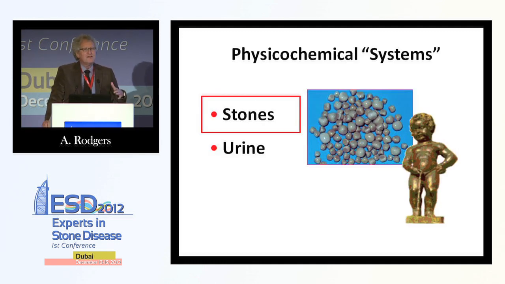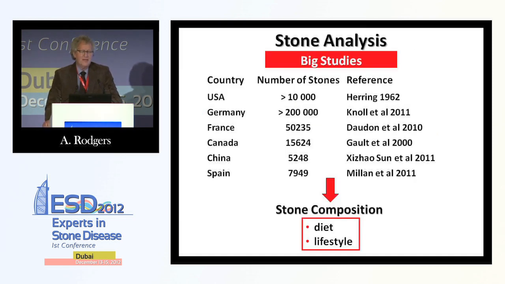Now, as far as the physicochemistry is concerned, clearly there are two systems at our disposal. There are the stones themselves, and there's the urine. So if we start with the stones, there have been many big, major studies involving thousands and thousands of stones over the last 40 or 50 years.